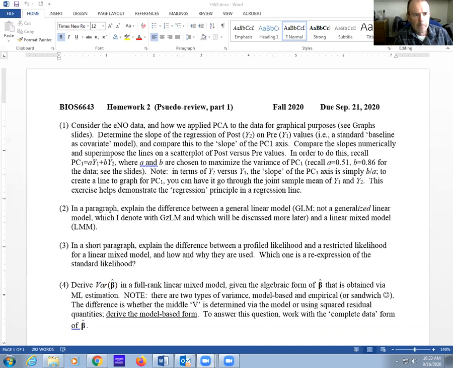So PC1 is also an axis, and it goes a little bit more along the post values because we're taking 0.5 times y1 plus almost 0.9 times y2, right? So it's going to align itself more along the y2 axis, but it definitely has both y1 and y2 involved.